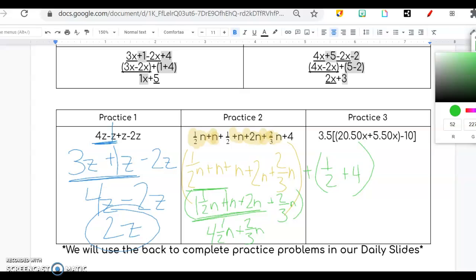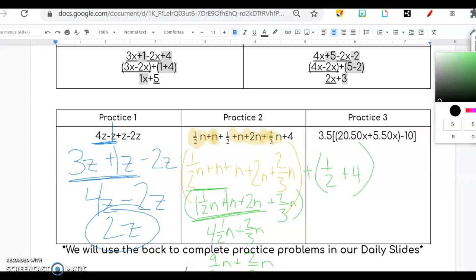Okay, so from here, I need to find a common denominator in order to continue solving, correct? Yes, we cannot add fractions without a common denominator. So I'm going to turn this into an improper fraction. So I have 9/2 n plus 2/3 n.